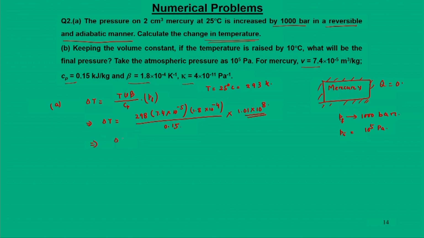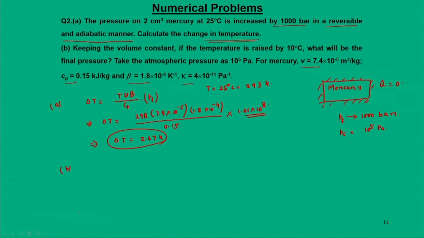So, delta T we can find out as 2.67 Kelvin. We say that mercury is very insensitive to this change in the pressure. Although you have increased the pressure by 1000 bar, hardly any temperature change is recorded, about 2 degree Kelvin.